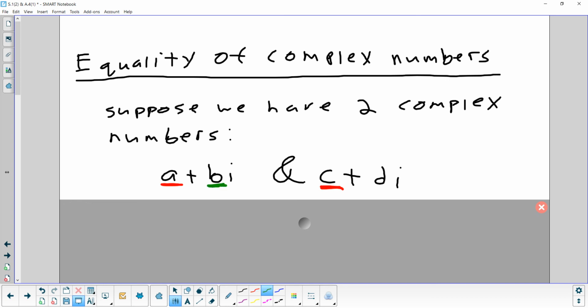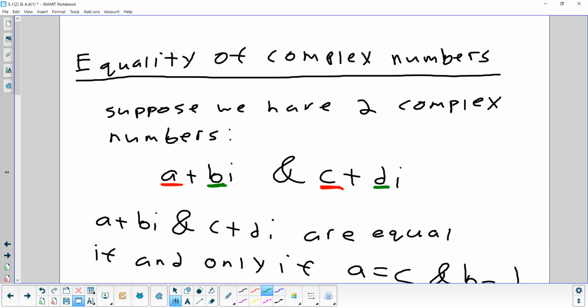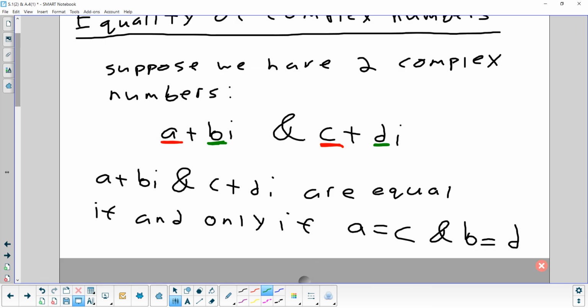The first one has an imaginary part of b, and the second one has an imaginary part of d. In order for these complex numbers to be equal, then the real part of the first number has to match the real part of the second number, but that's not enough. The real parts have to match, and the imaginary parts have to match.